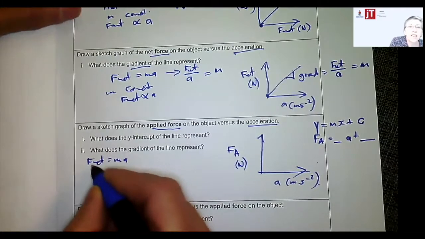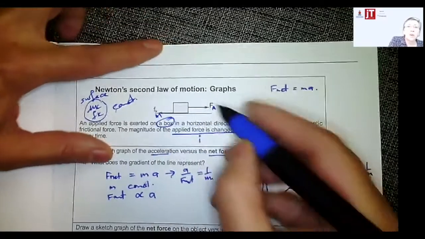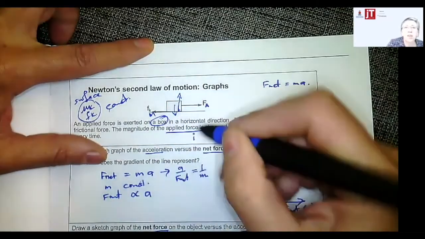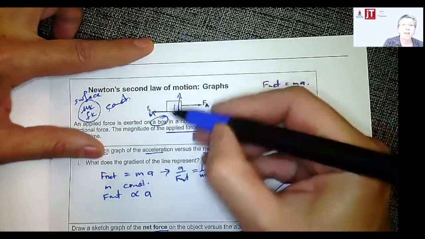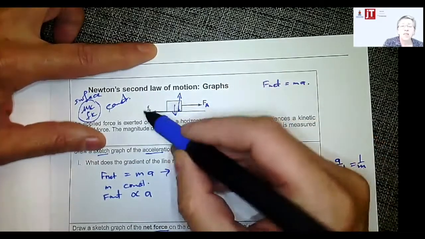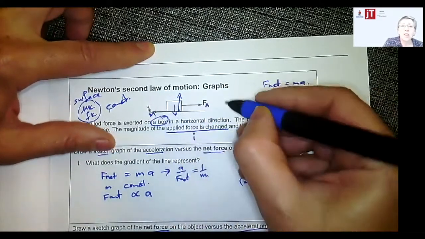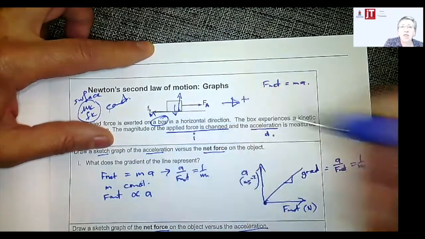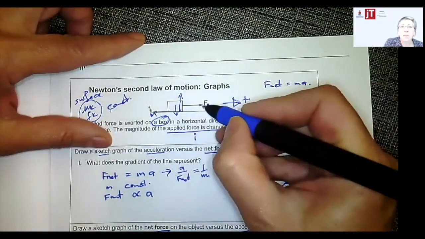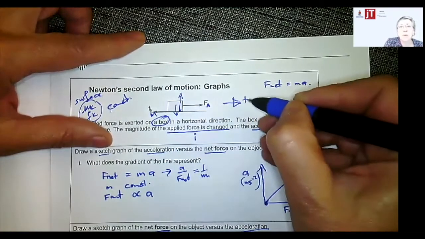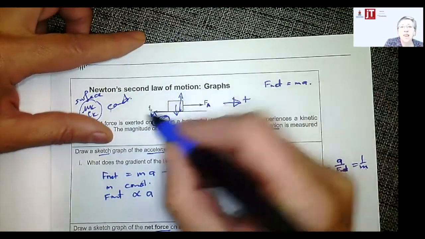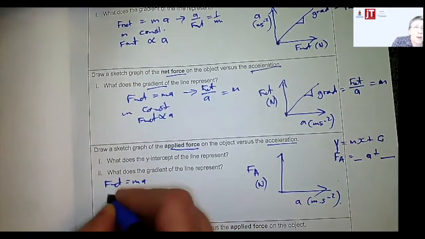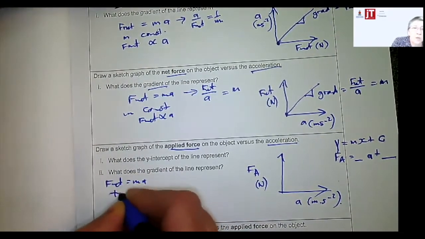So first, let's look at F net. If I look at this one, obviously there's a gravity down and a normal force up, but I'm not going to bother about them because they are going to cancel out. They make zero, right? So if I add all the forces together, I'm adding only actually the forces in the direction of movement. And I've got my applied force that is in the positive direction, and then I've got friction that is a negative force because it's working in the negative direction. So for F net, I'm going to add my forces together.